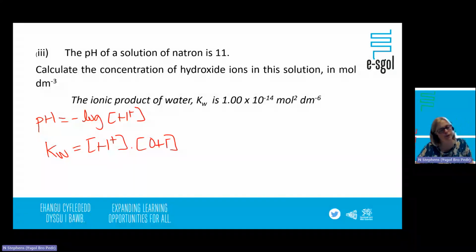So playing around with those figures and the fact that it reminded you of the ionic product of water being that value, you should have been able to calculate the concentration of H plus by inversely logging the pH being 11. Fed that then into the Kw equation by rearrangement to get the concentration of OH minus.